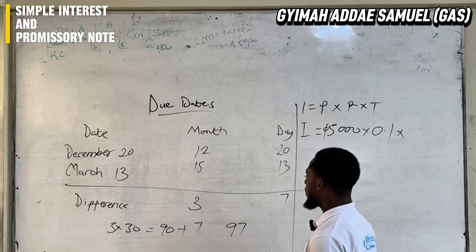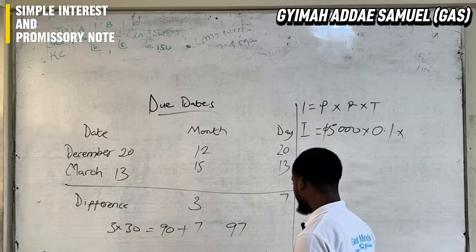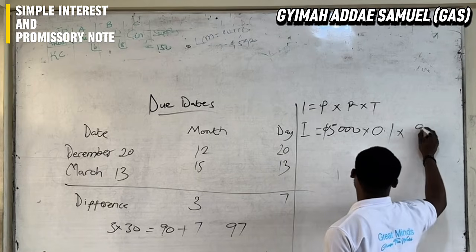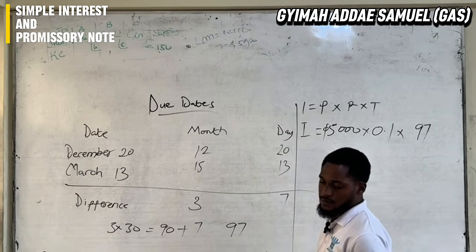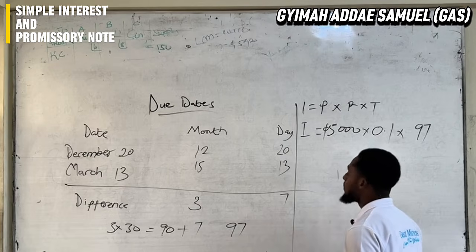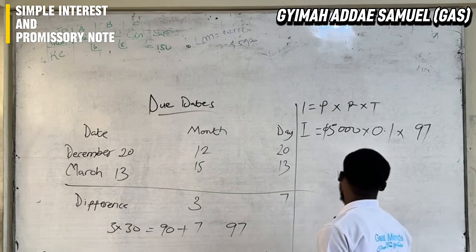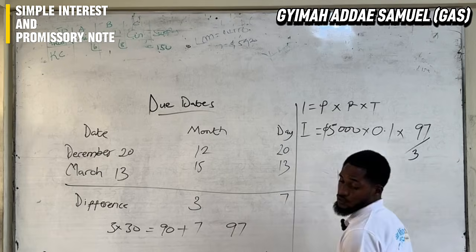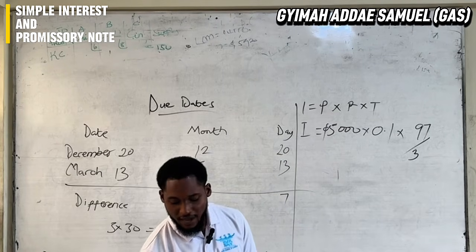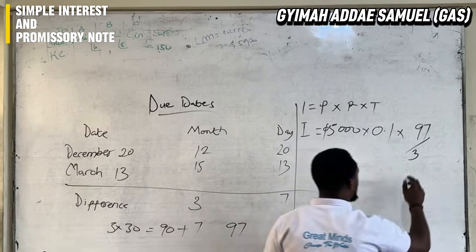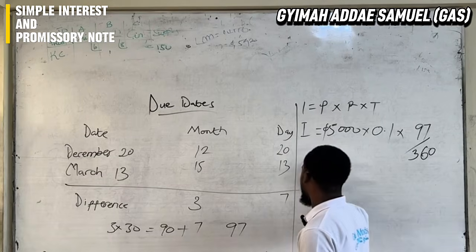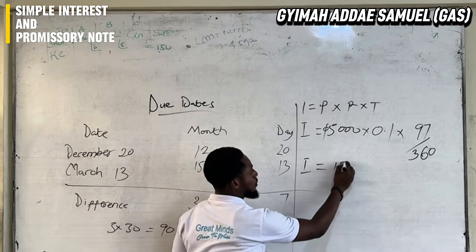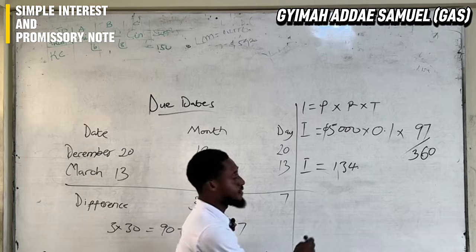And now we've been able to get our approximate number of days to be 97. The question stated emphatically that we use the ordinary simple interest, so you divide the 97 by 360, and you are getting 134.72.